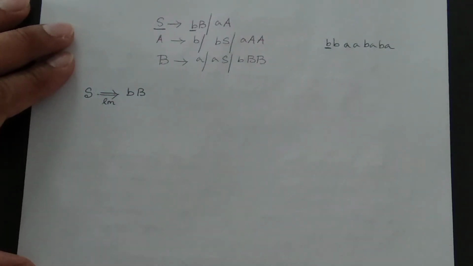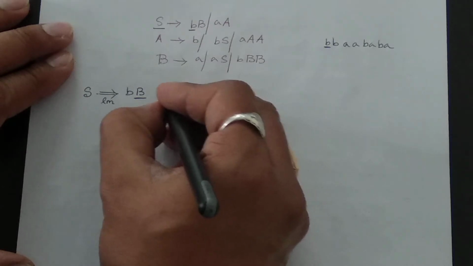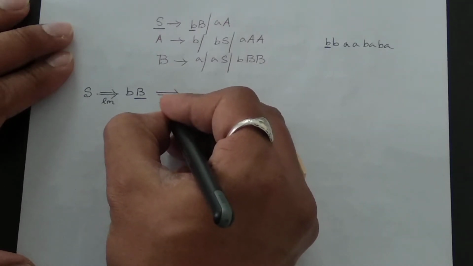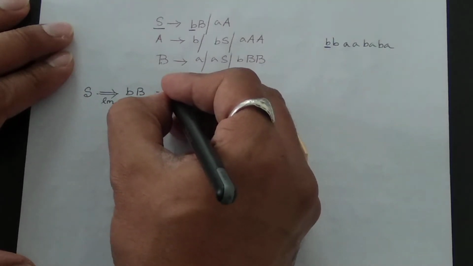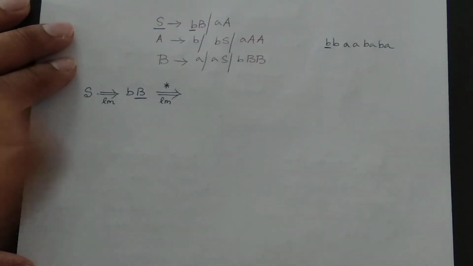Now, if you have only one non-terminal, you need not worry about its position, whether it is on the left side or the right side. You just have to eliminate it. So I have to eliminate this B. As I am doing one or more steps, I can put a star. It depends on you, it's not mandatory.